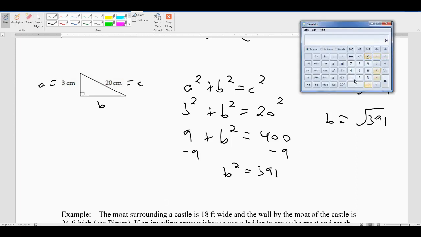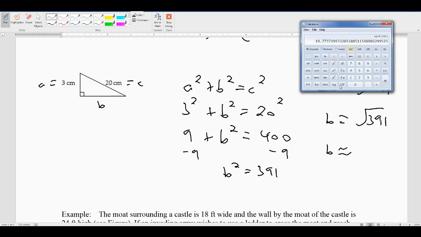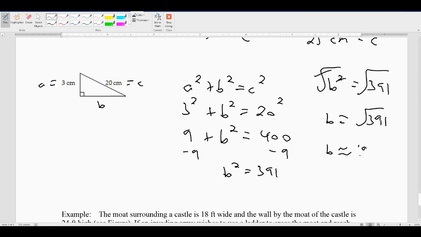No big deal. I'm using scientific, 391. Oh, see that? So if it wants an exact answer, I'll leave it as the square root of 391. If it wants a decimal approximation, then I'm going to use 19.77 centimeters. So either one of these answers is correct.